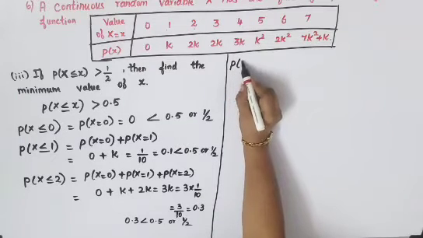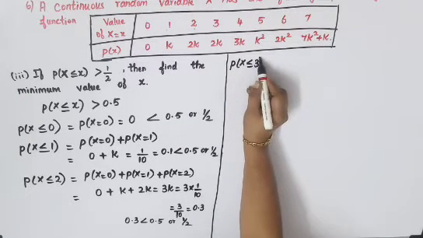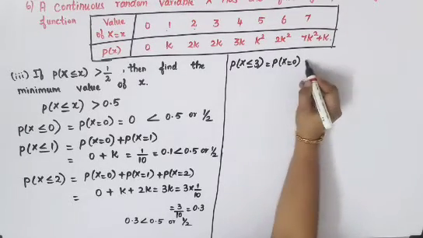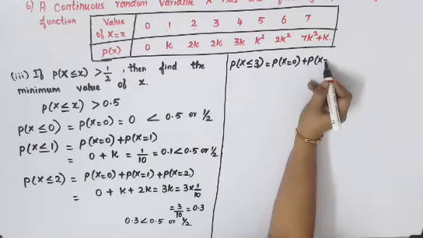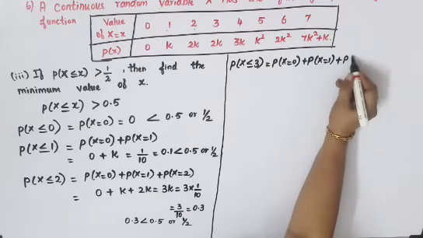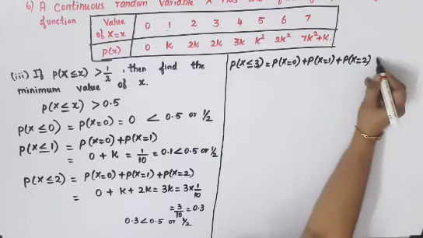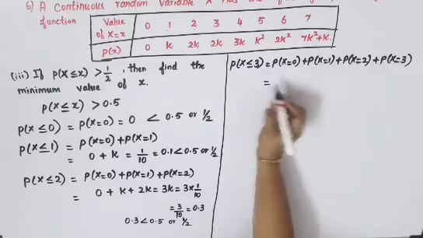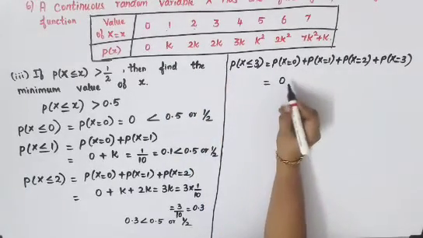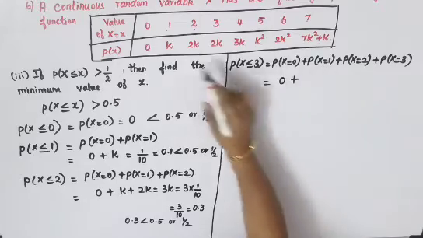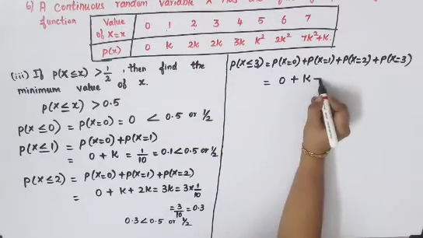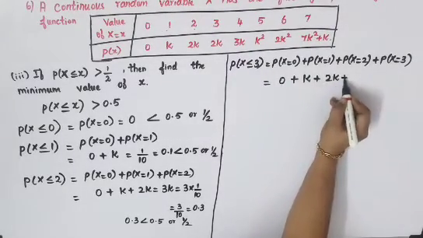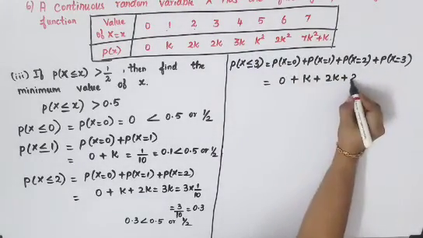Okay. P of X less than or equal to 3. Up to 3 you will have to find it. So that is equal to P of X equal to 0 plus P of X equal to 1 plus P of X equal to 2 plus P of X equal to 3. So now add all these four values. So 0 plus X equal to 1 is k, plus X equal to 2 is 2k, plus X equal to 3 is 2k again.